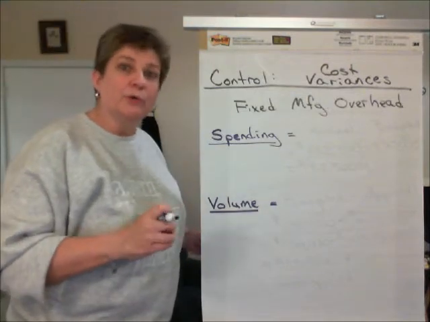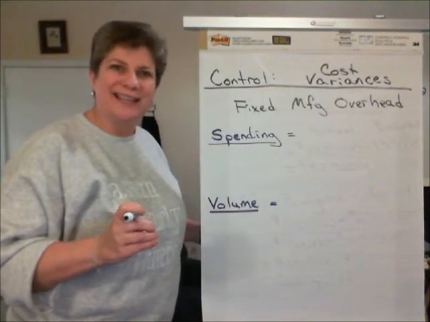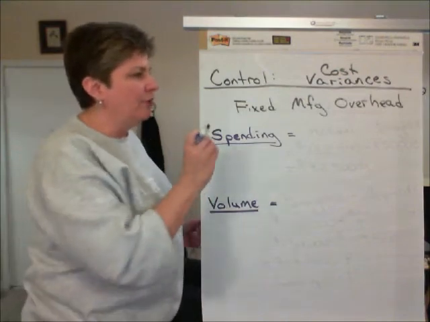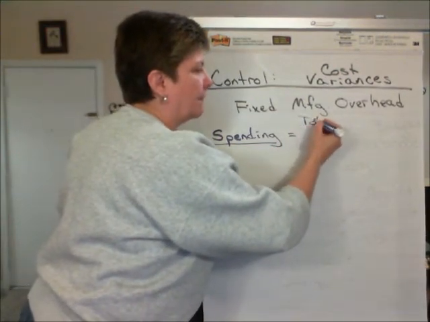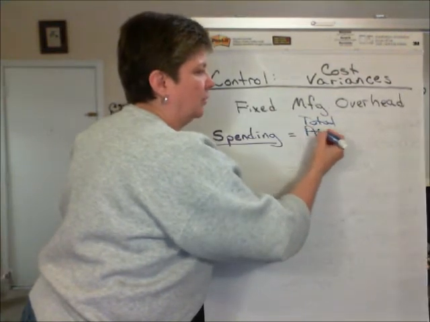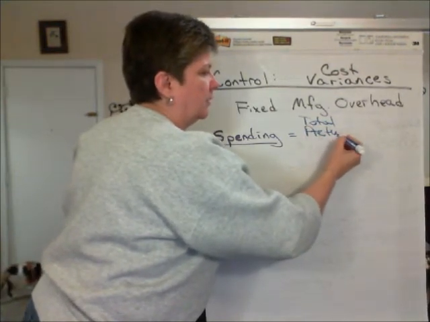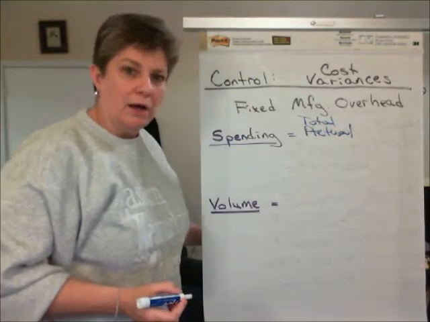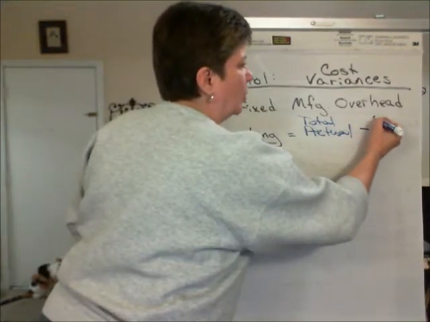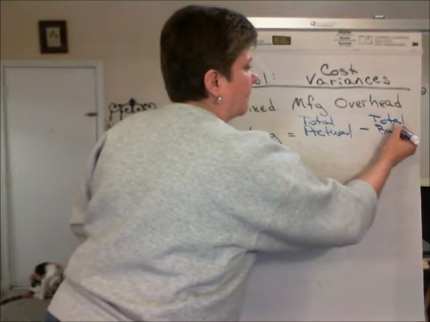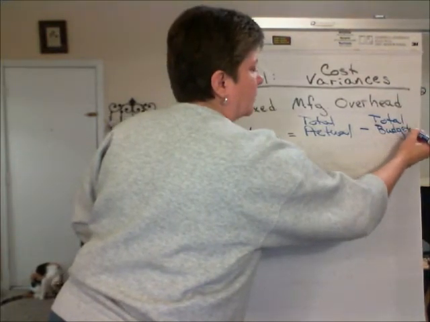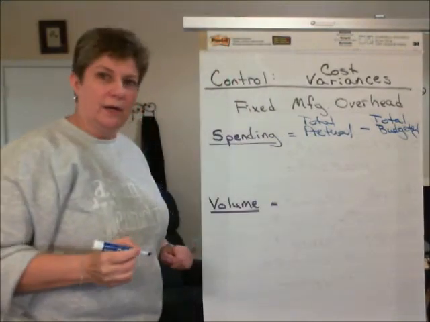Fixed overhead, remember, total shouldn't change as activity changes. So the formula compares the total actual fixed overhead cost with the total budgeted fixed overhead cost.